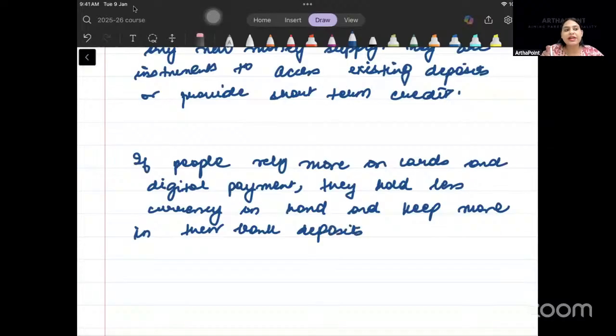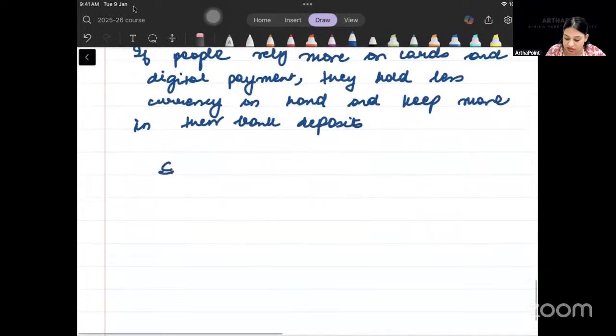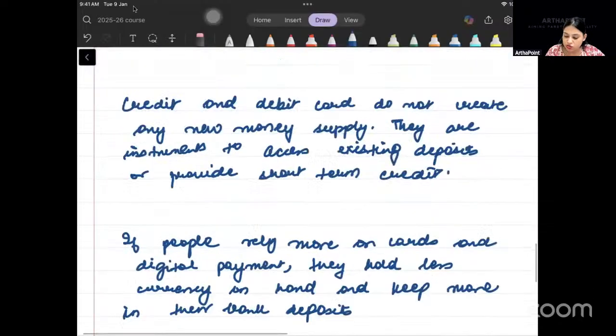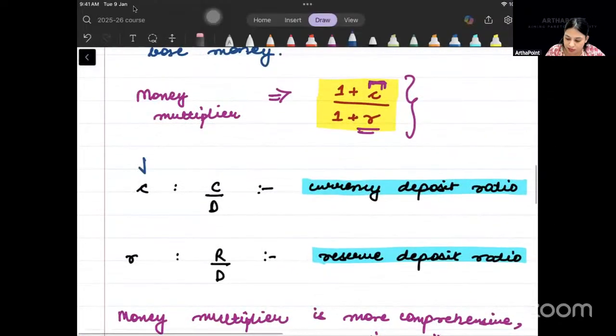So when people rely more on cards and digital payments, what will happen? I don't have to hold more cash, right? I can hold less currency as cash and I can hold everything in my bank account. So my deposits will increase. So currency deposit ratio, that means small c, this will fall. And when small c, currency to deposit ratio will fall, right?